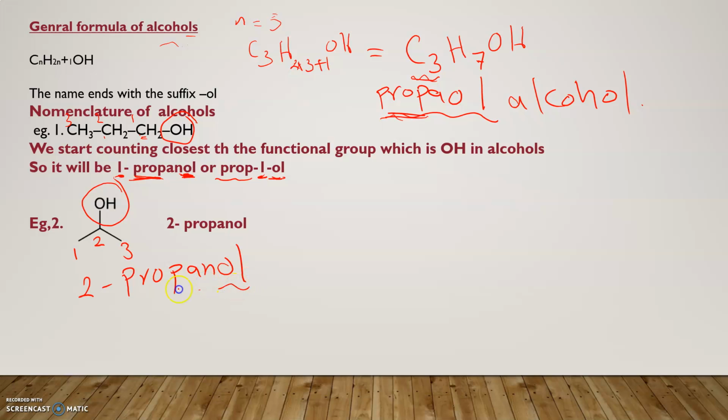This is alcohol, this is our prefix, this is our suffix. Or we can write it the same way, prop-2-ol. Of course, you can use the easiest for you, whichever you see fit.